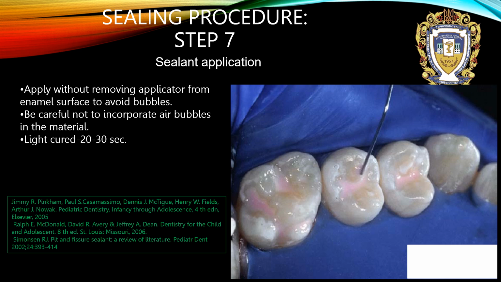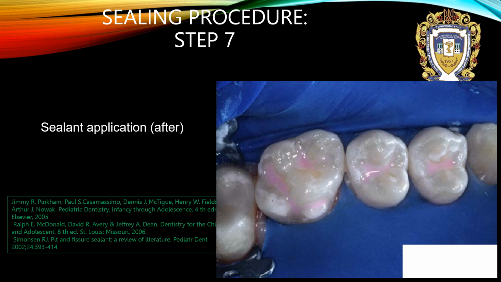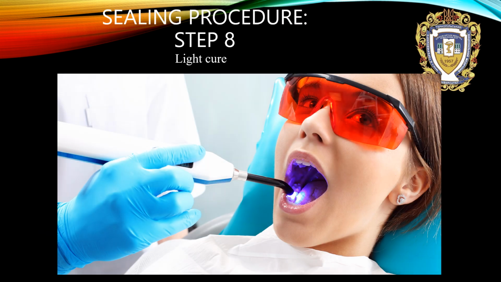And then light cure 20-30 seconds. If necessary, fill bubbles or voids with additional sealant. As a result of the seventh step, our teeth will look like this picture. And eighth step, light cure.